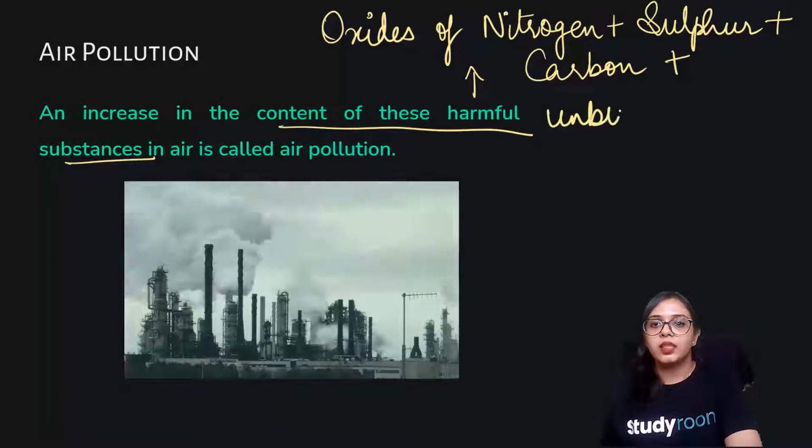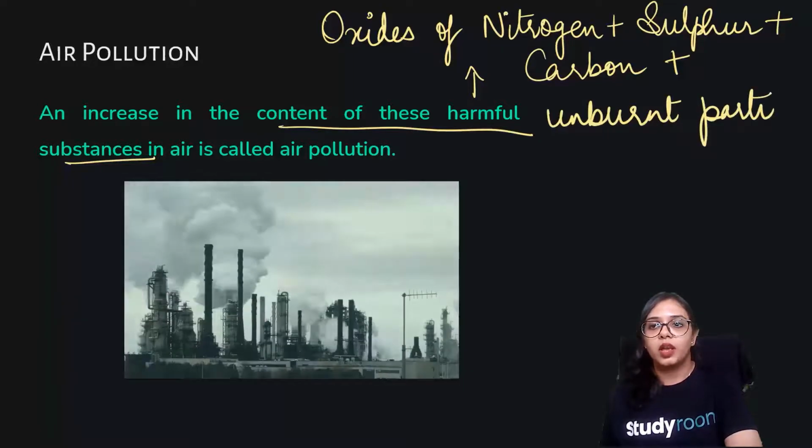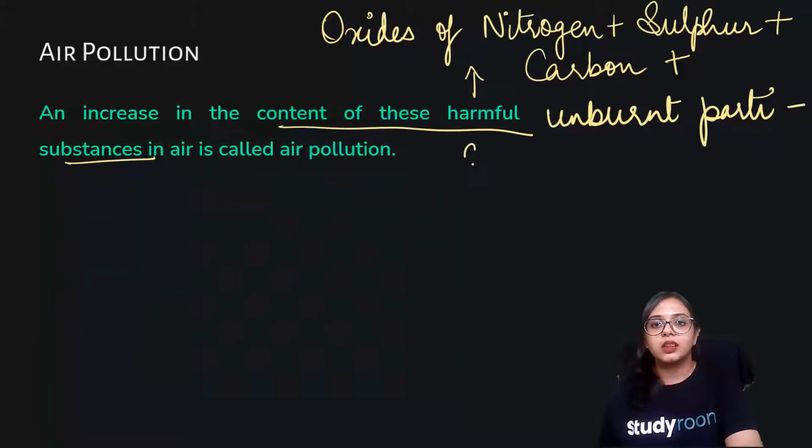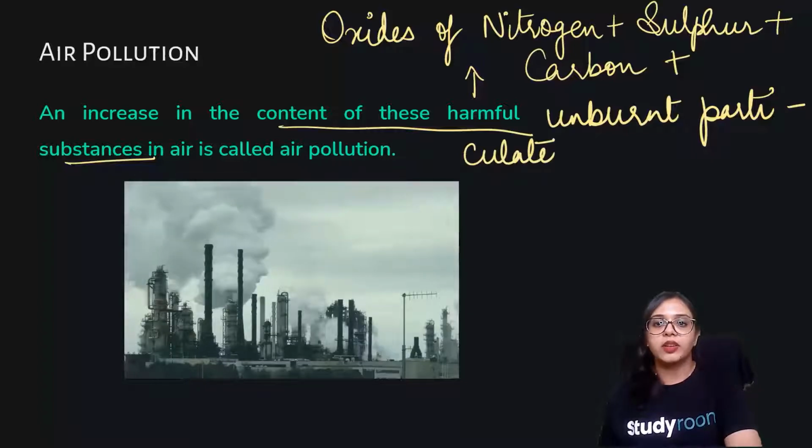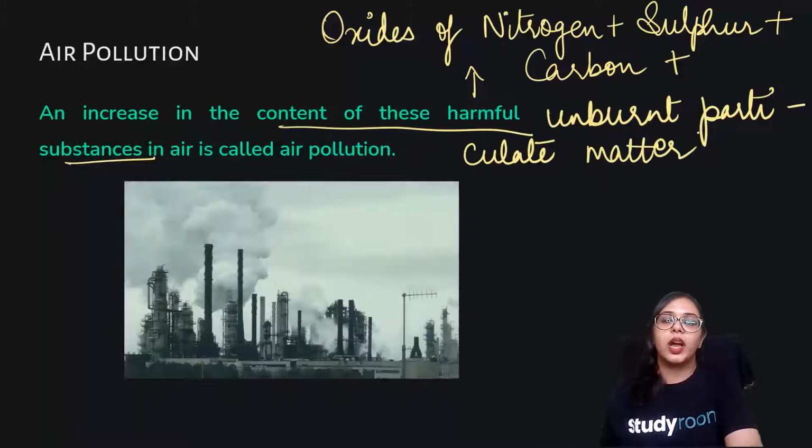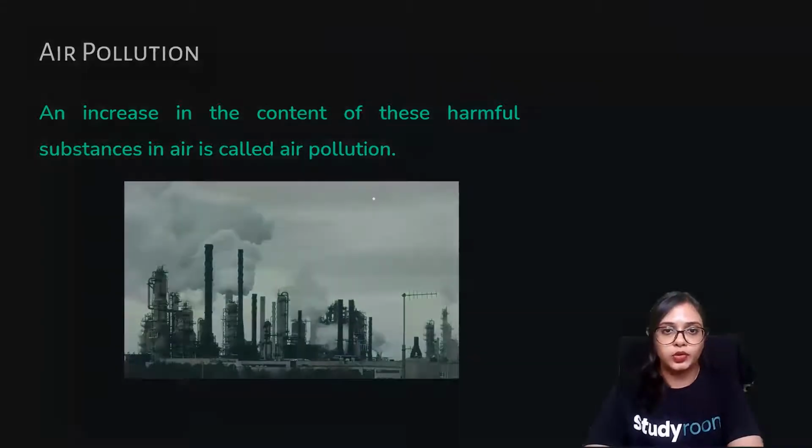All right, and these unburned particulate matters, often they are of carbon, and often these particulate matters are very harmful for us. Okay, they may be carbon, they may be hydrocarbon. Okay, so we are having all these harmful substances present in the air that leads to air pollution.